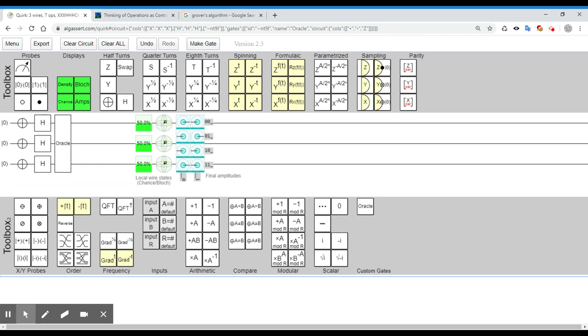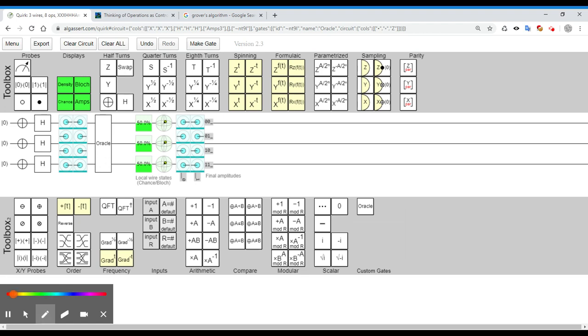If I now put the amplitude display in here, I will see that the difference between this display and this display is exactly the element 101, which is this one here.